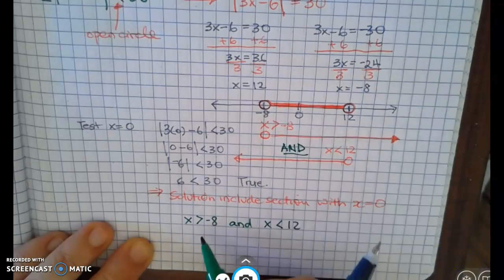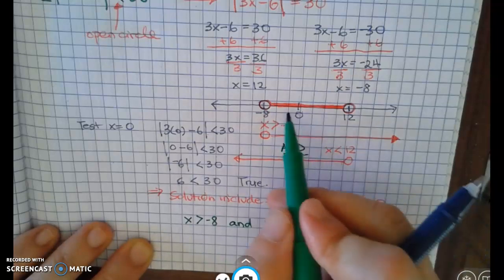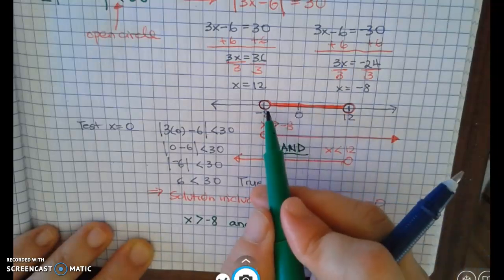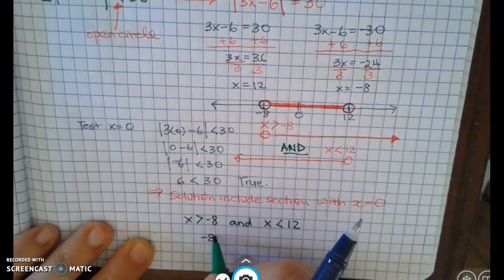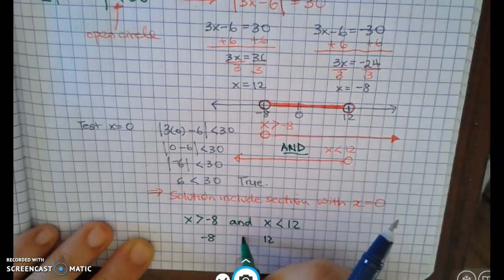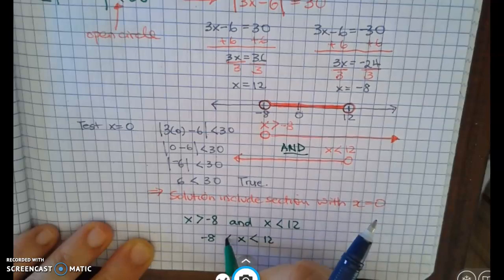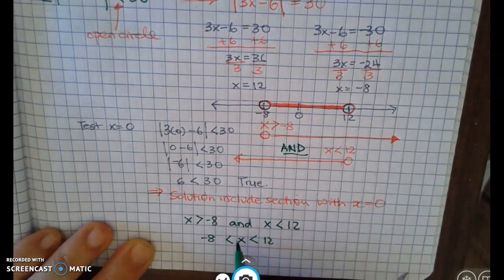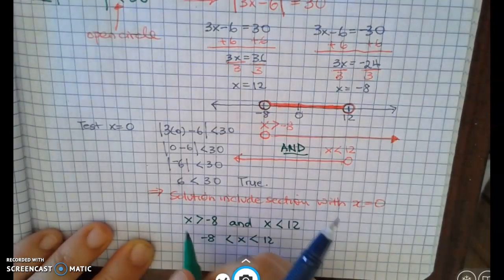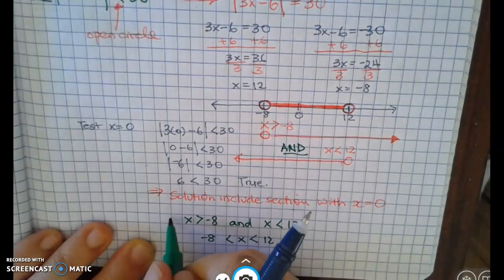It needs to satisfy both the conditions because we're talking about the overlapping area. Or another way of seeing this is it's between negative 8 and 12. They are the same thing, just writing it in two different ways.